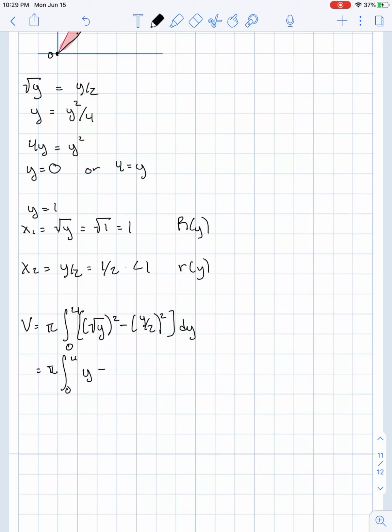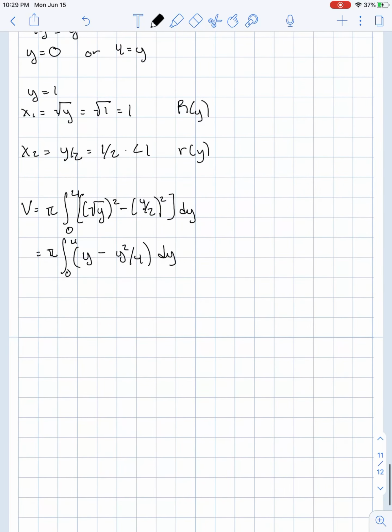So simplify that, and I get y minus y squared over 4 dy, and now we can integrate. So I'll get y squared over 2 minus y cubed over 4 times 3, because I'm also going to divide by 3, from 0 to 4.